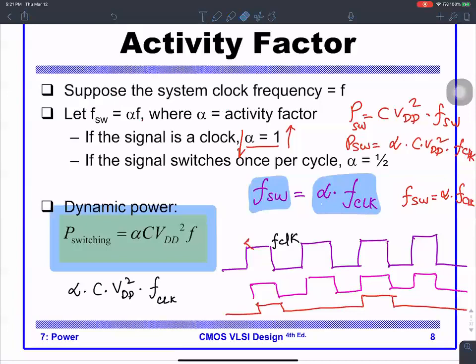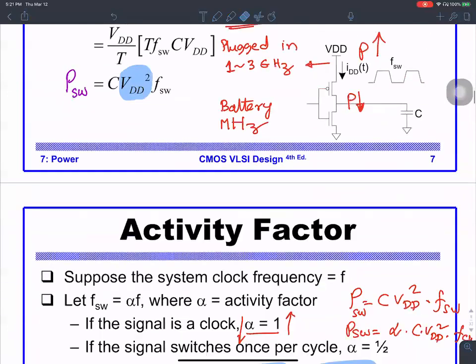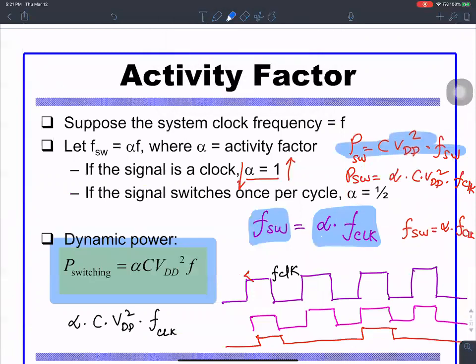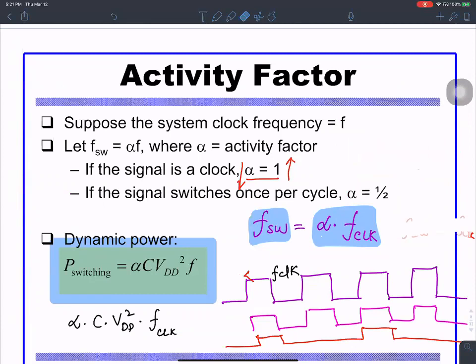And so far it's only switching power. Now, if I want to express the power in terms of the master clock, the frequency of switching can be expressed in terms of the activity factor times F_clock.